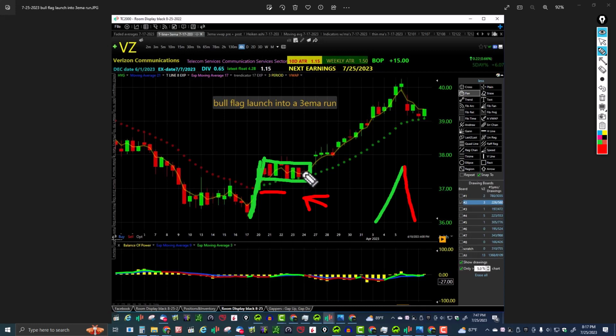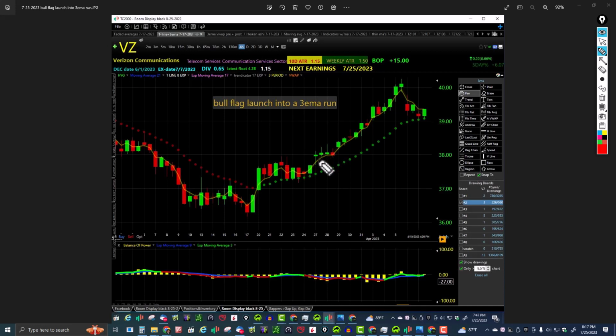Okay? The fact that it's resting and hanging out in the upper third for an extended period of time, that's even more bullish. All right? The more rest it gets, the more energy it's going to have to make the next move higher.